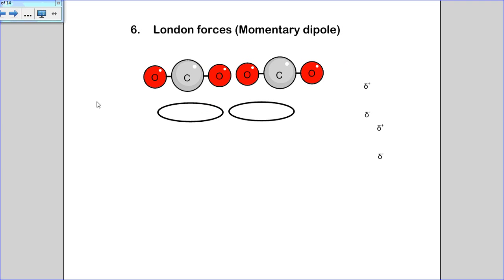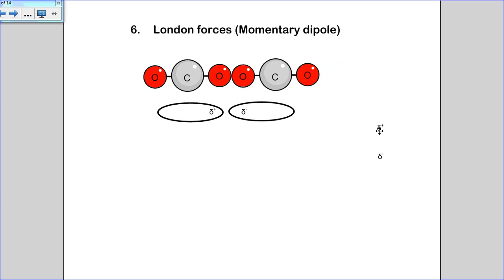And another example that we will have is London forces. Now, London forces take place between two nonpolar molecules. For example, one carbon dioxide and another carbon dioxide molecule. Now, because both molecules are nonpolar, there is no permanent negative and positive side. But what occurs is that when one molecule collides with another molecule, one side momentarily becomes positive and the other side momentarily becomes negative.